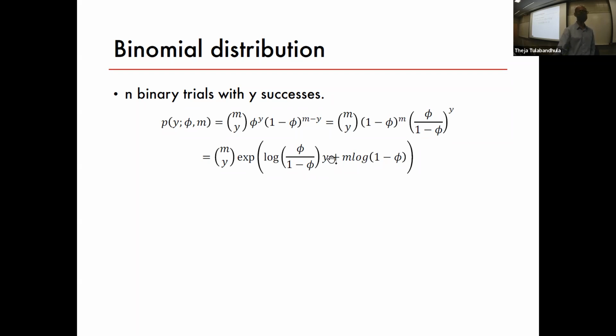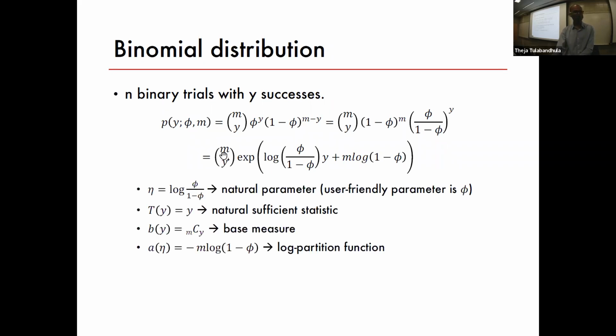T of y again is y. Eta is log of phi by 1 minus phi, and you can say the base measure is n choose y. So we're just trying to say, if this is the expression, can we map it back to our general template of the definition of an exponential distribution?